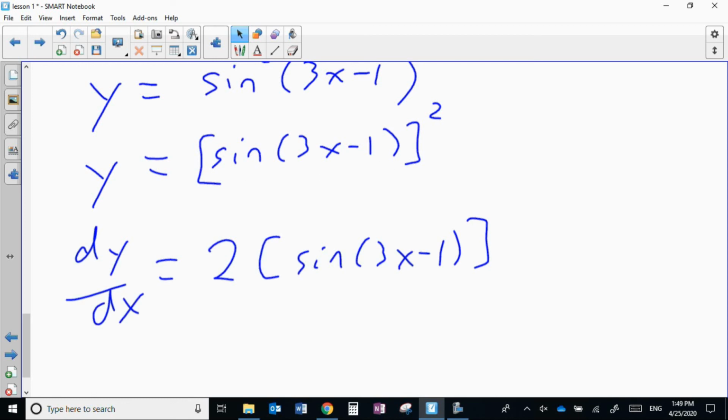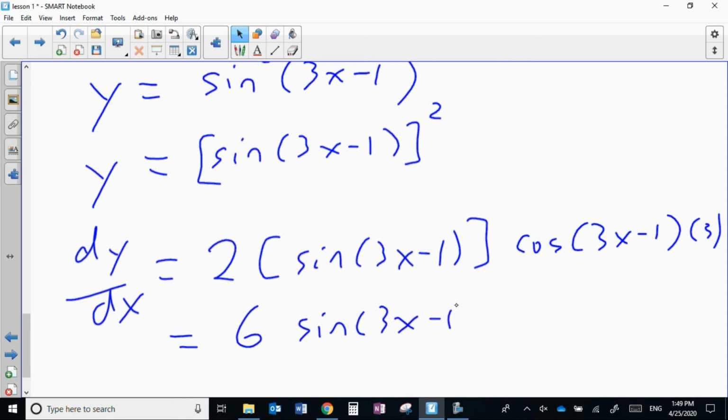Well, the inside stuff's derivative is the cosine of 3x minus 1 times the derivative of 3x minus 1, which is 3. And we get 6 times the sine of 3x minus 1 times the cos of 3x minus 1.